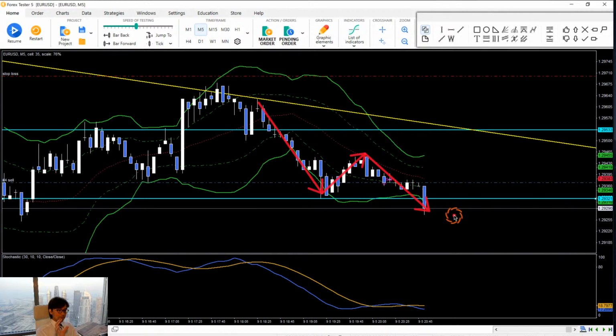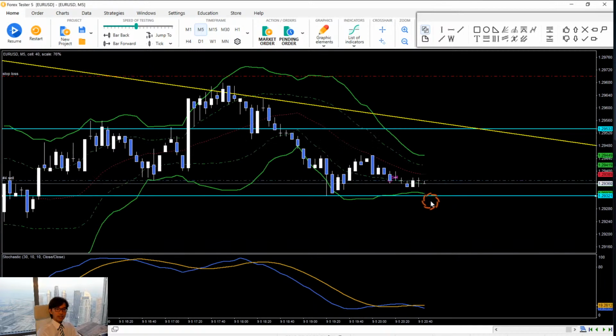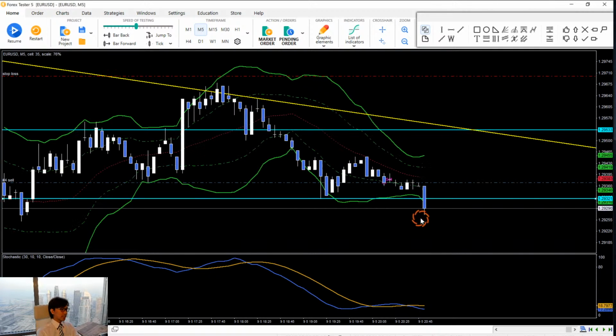But if the breakout doesn't happen like this, and if the market goes up from here, then in my mind I see that the market is losing its bearishness, so I will think about the exit timing. So in today's demonstration, the market goes down this way, so from here I expect the market to go down continuously in this direction.